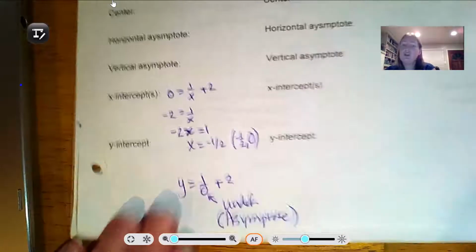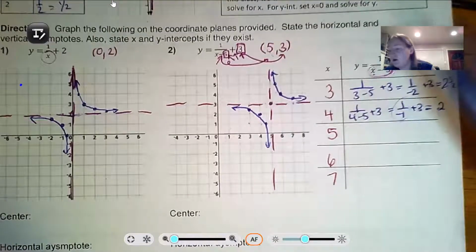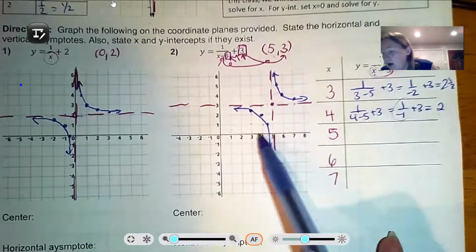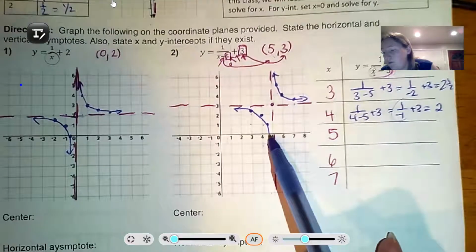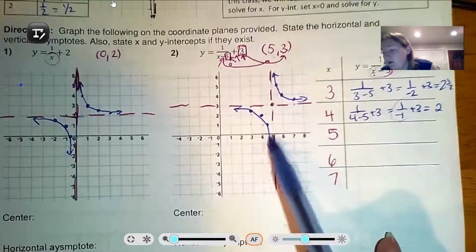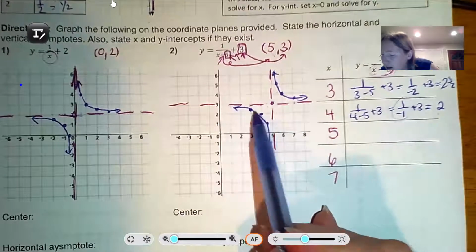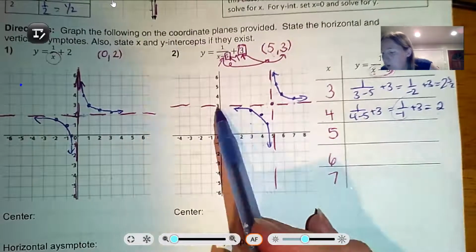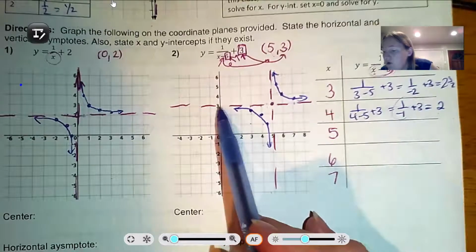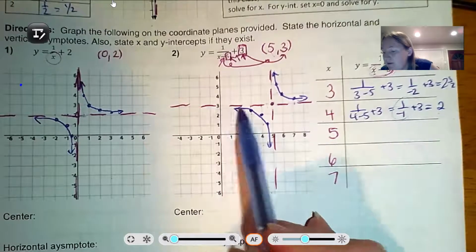On number 2, if we were to do this and we solved, we would get some value where when we approximated it, it would be right around there. And if we found the y-intercept, it would be close to 3, but again, just shy of 3.